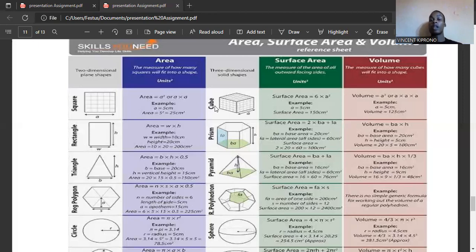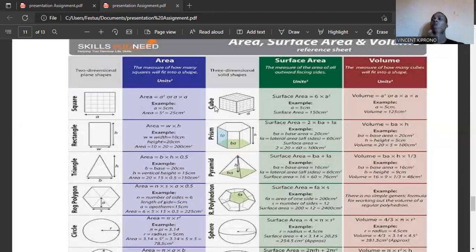In a prism, surface area is 2 times the base area plus the lateral area. The lateral area of all sides is 60. So we shall say 2 times our base area 20 plus 60. That's 2 times 20, that's 40 plus 60, that's 100. We shall have 100 centimeters squared.